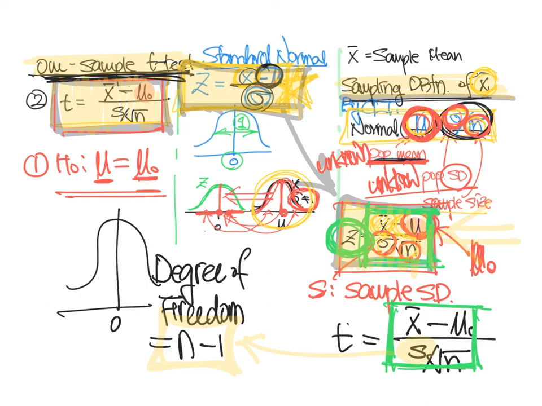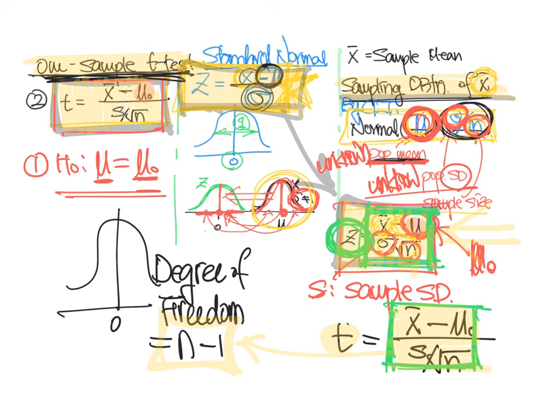Then we can estimate and replace the unknown parameters. The mu, the population mean, and sigma, the population standard deviation, are all unknown. So practically, we estimate and replace them to get the test statistic, but now it is not a standard normal distribution anymore.